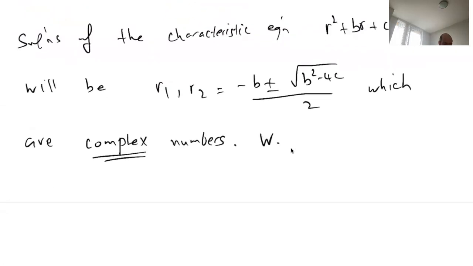So we will have a review about complex numbers.